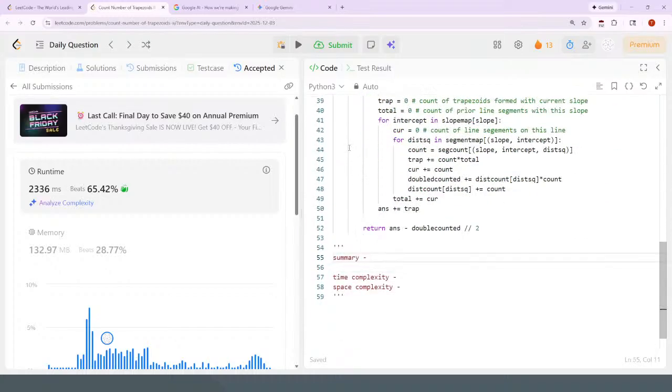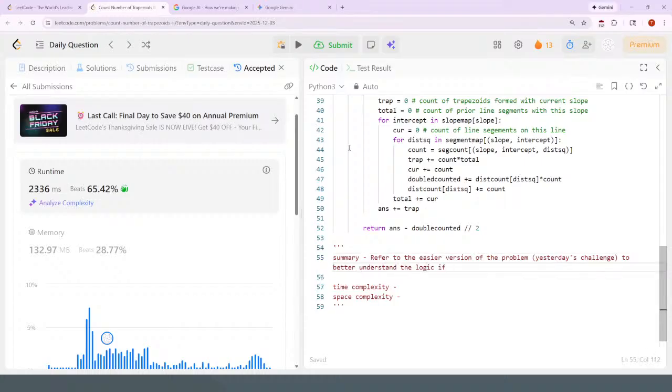So I'll say here, refer to the easier version of this problem, yesterday's challenge, to better understand logic if that hasn't been done.